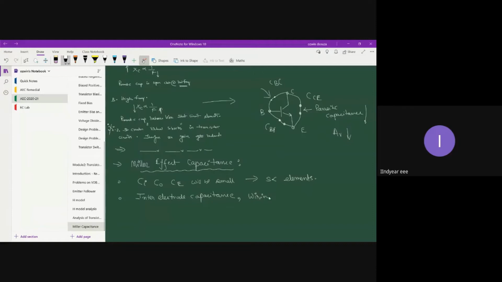These wiring capacitances are nothing but the capacitance effect caused due to the physical mounting of wires. You will be using several wires to connect different parts of the amplifier circuit. These wires will be at some potential, so once again there will be a capacitance effect felt between these wires and the ground terminal. So this is called wiring capacitance. So inter-electrode capacitance and wiring capacitances come into picture in the high frequency region.